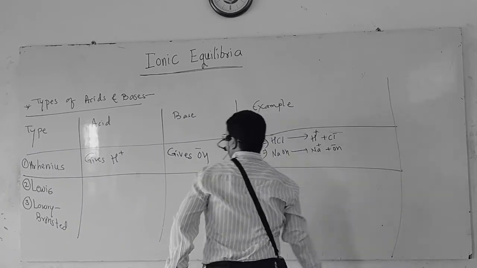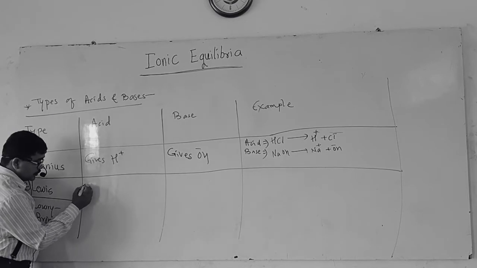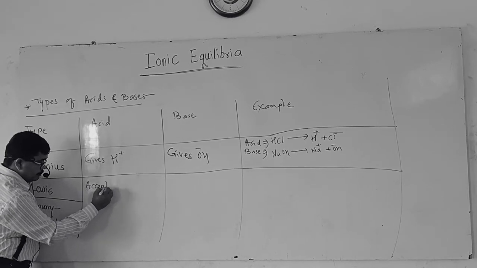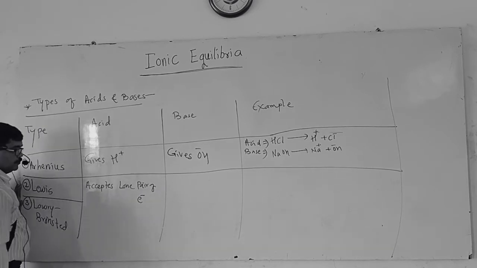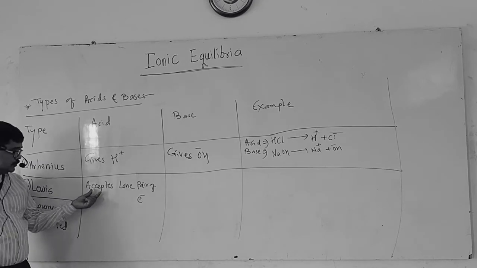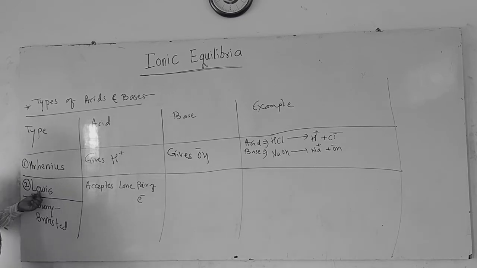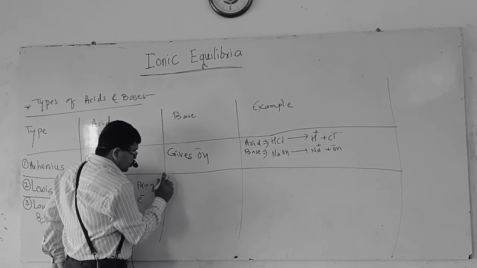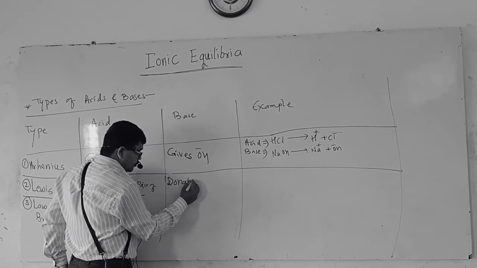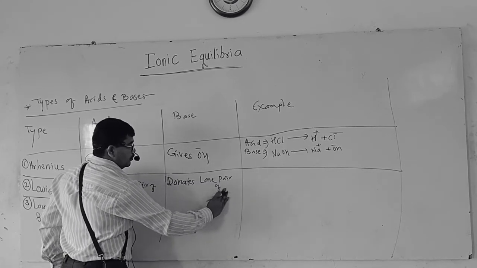Now, Lewis acid and Lewis base. According to Lewis, the substance which accepts lone pair of electrons will be Lewis acid, and the substance which donates lone pair of electrons will be Lewis base.